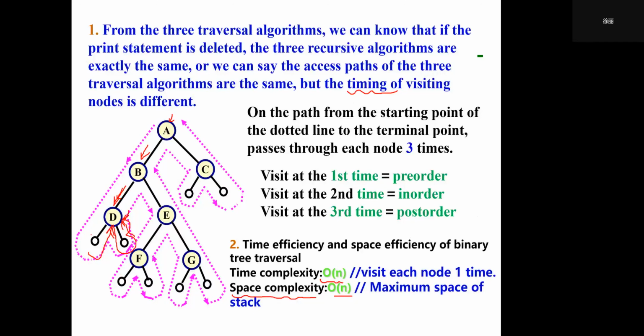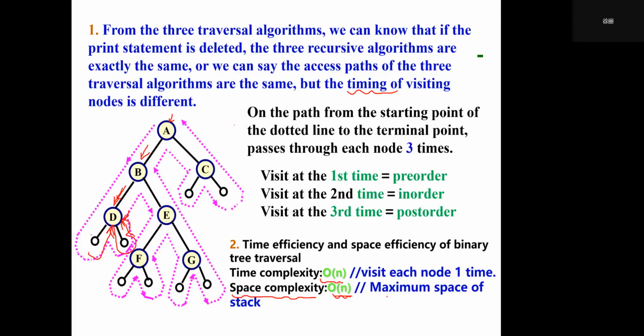integer or any variable in this program, but when you write the recursive program, the system will supply you the stack. If you write a non-recursive program, you need to define a stack by yourself. So big O of n is the maximum space of the stack.